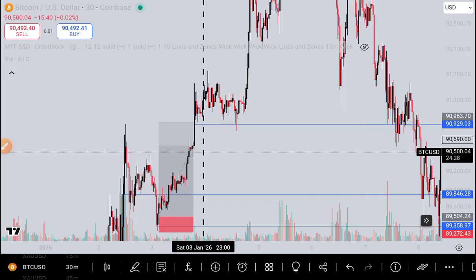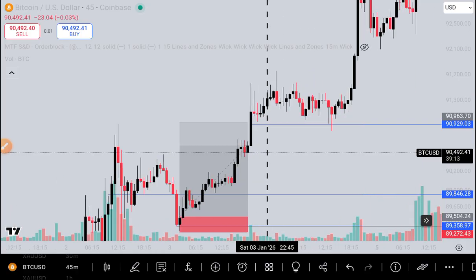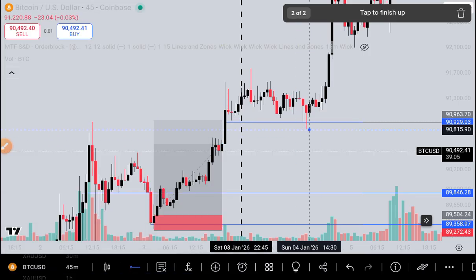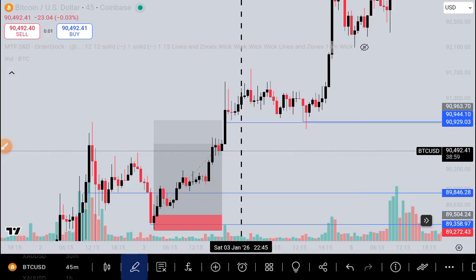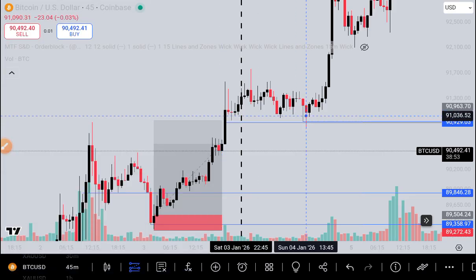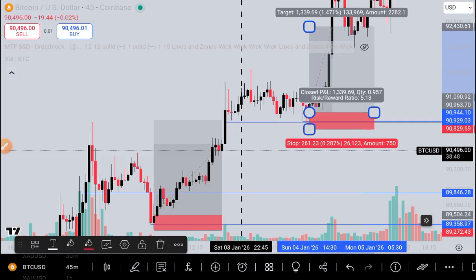So we understand the buyers, we found the power candle, which is an area of interest. Then we're going to wait for the CRT, which happened here on the 45 minutes time frame. It also happened on the 1 hour, and I think it also happened on the 4 hours. So as you can see, price mitigates the low, closes within the range, and on the third candle, it goes.